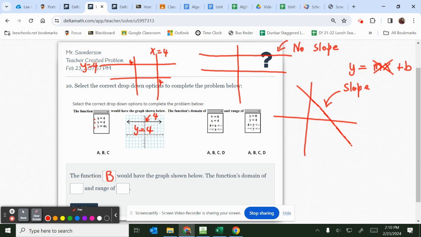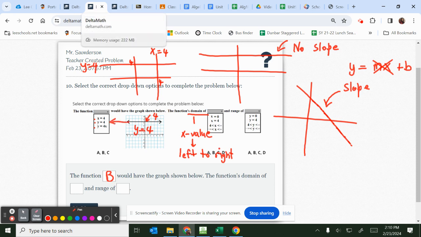Domain are x values. Whenever you're looking at x values, you're looking from left to right. When I'm looking left to right on my graph, I see an arrow here. So that means it's somewhere all the way to the left. The more I go to the left, the more negative I'm getting.